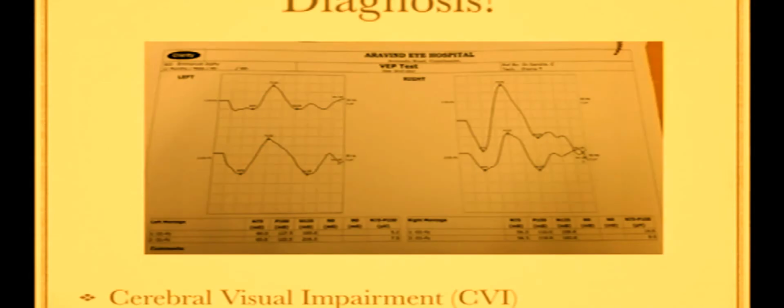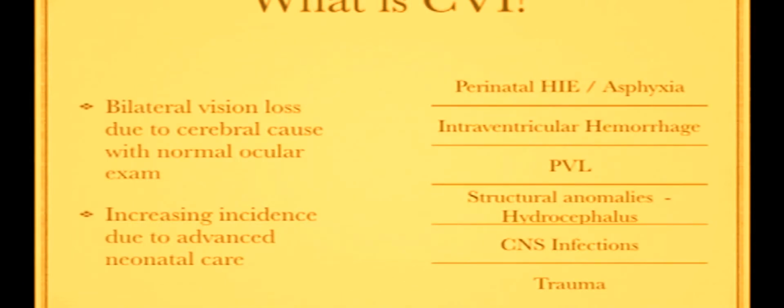These two children are suffering from a condition called cerebral visual impairment. So what is this? This is coming up in a big way now. Many children were underdiagnosed earlier and now we are diagnosing this more and more. This is bilateral vision loss because of a cerebral cause with a normal ocular exam, and because of advanced neonatal care we are seeing more incidence of cerebral visual impairment.